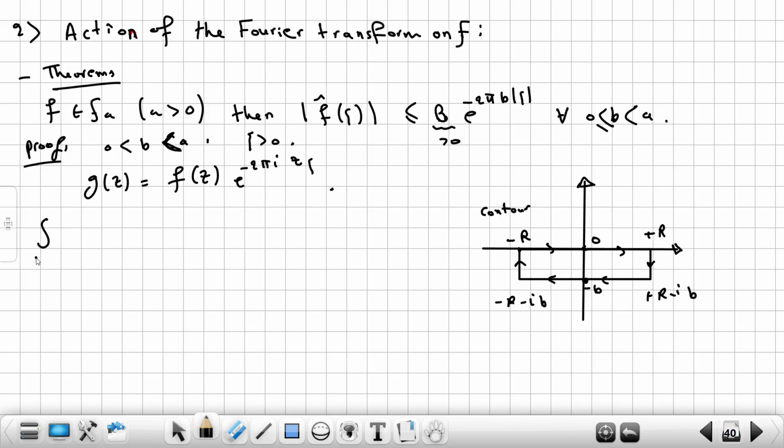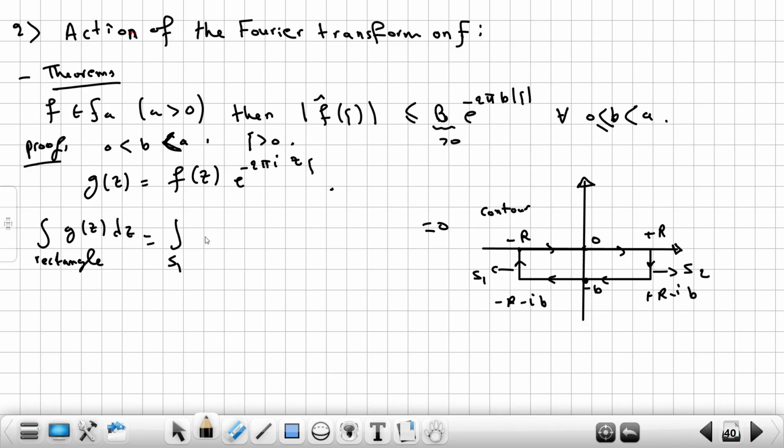Okay. Now the integral over this rectangle of g of z dz is equal by Cauchy's theorem to 0. On the other hand, it is equal to what? Equal to the integral over, say, this S1, vertical segment 1, and this we call S2, the vertical segment S2.